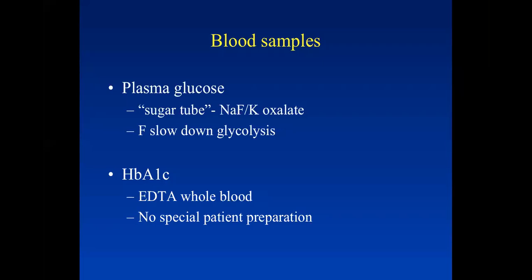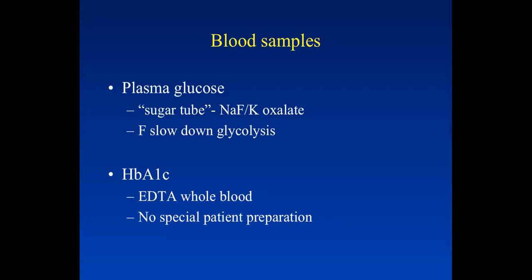If that happens, the glucose level in the blood sample goes below what it was in the patient's body, so you won't know the exact glucose value. So you want to stop glycolysis happening in the tube. Oxalate is, of course, for the anticoagulation. So you have to send the glucose in the correct bottle.